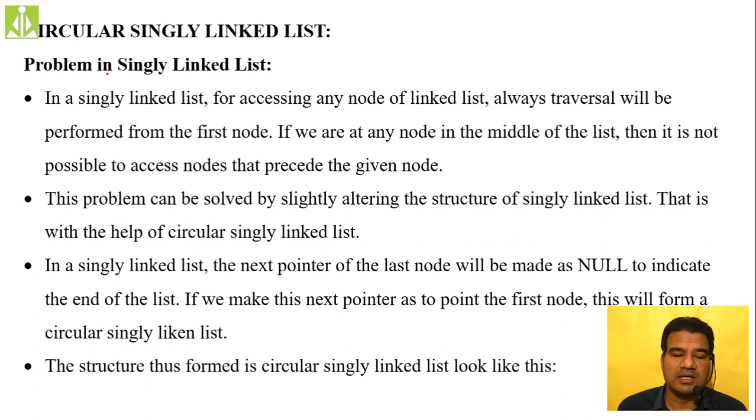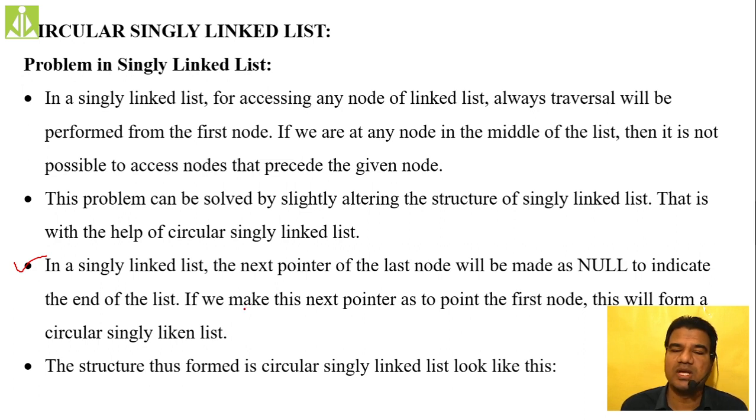In a singly linked list, the next pointer of the last node we are making as null. Instead of doing that, we are simply making the last node's next pointer point to the first node. That is the only change we are seeing in the circular singly linked list concept. So in a singly linked list, the next pointer of the last node will be made null to indicate the end of the list, isn't it?